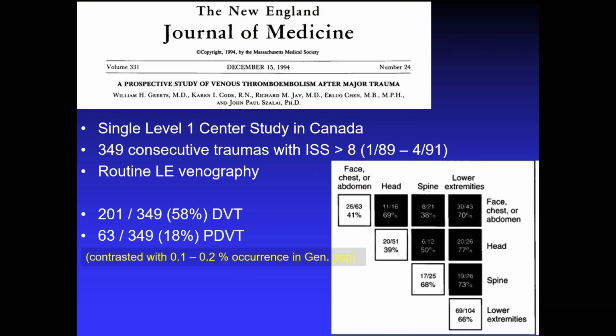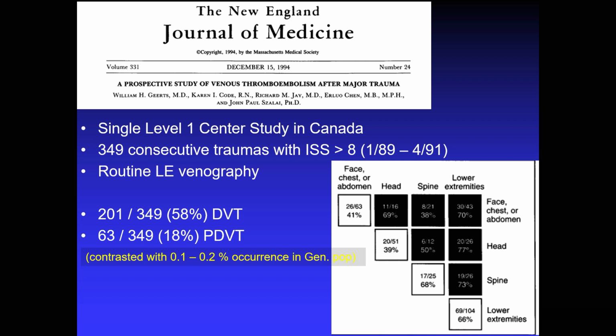The subset of trauma patients at risk and the magnitude of this risk were defined in a well-conducted single-center Canadian study published in the New England Journal in 1994. This study was conducted between January of 1989 and May of 1991 by the trauma team at Sunnybrook in Toronto as they prospectively evaluated 349 patients with ISS greater than 9 with routine lower extremity venograms.